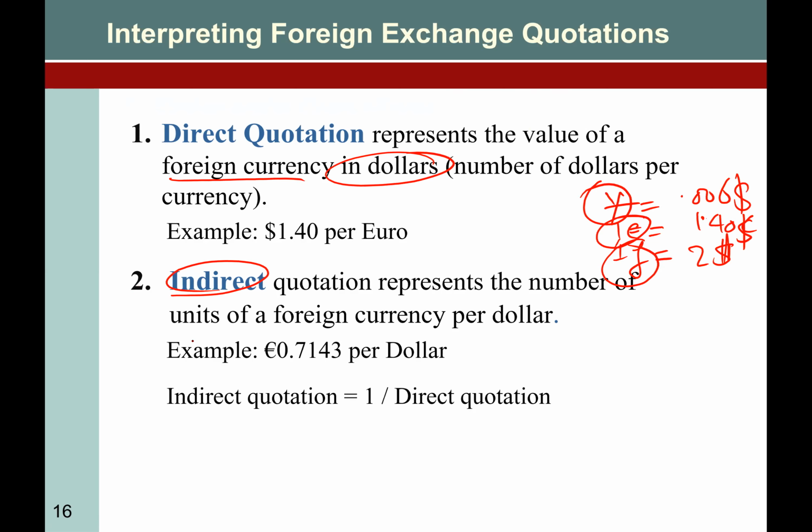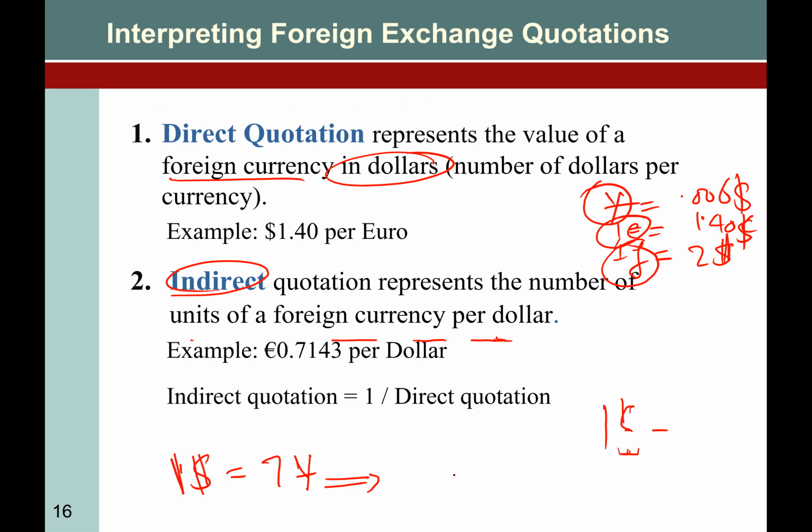It is the number of units of a foreign currency per dollar, so it is the opposite one. How much is the value of my own country's currency in terms of the foreign currency?